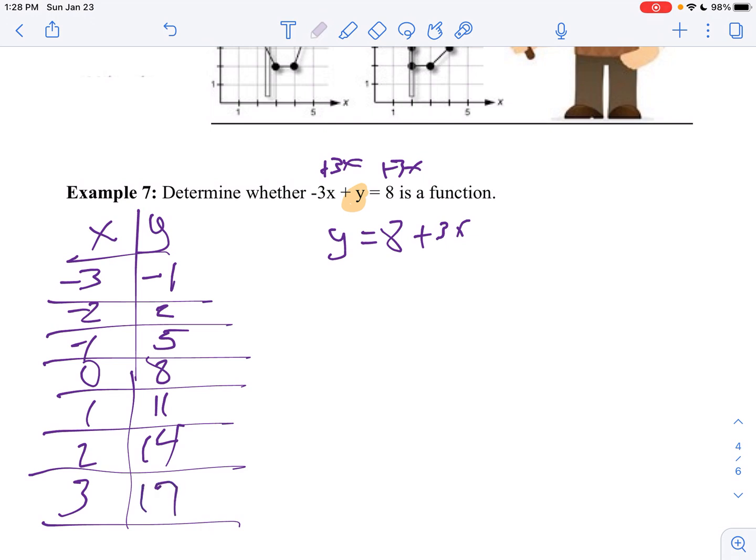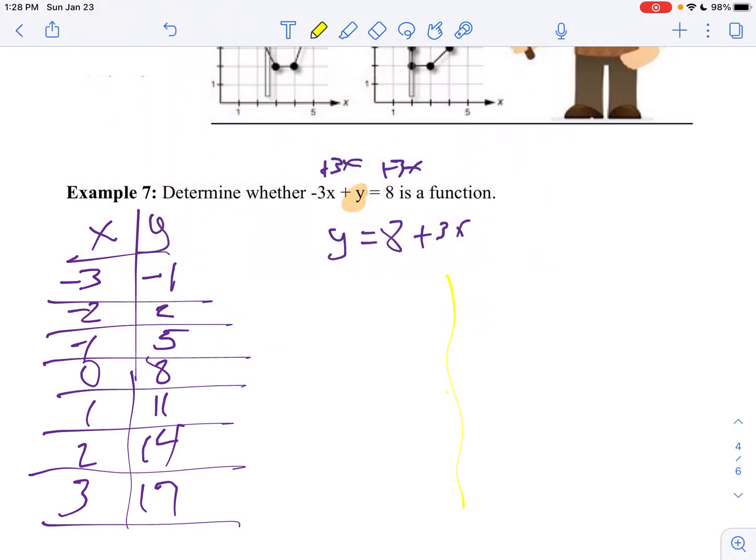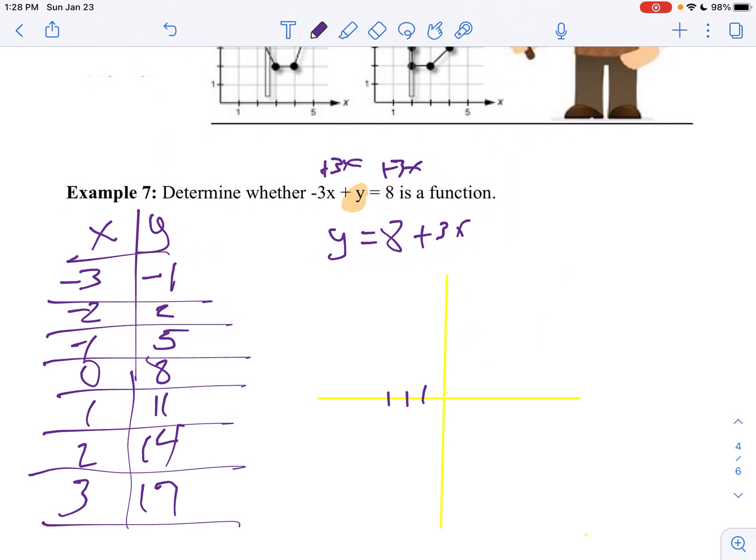So now what I'm going to do is make a grid here. I'm going to graph these points. So I have -3, -1. I'll have -2 and 2.